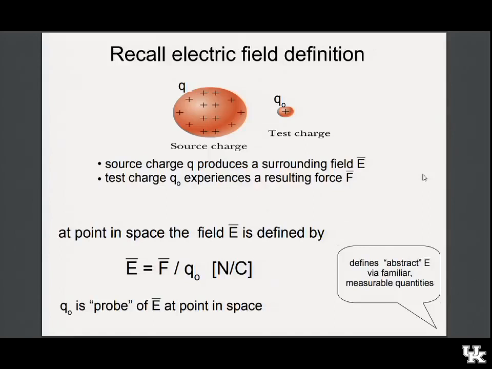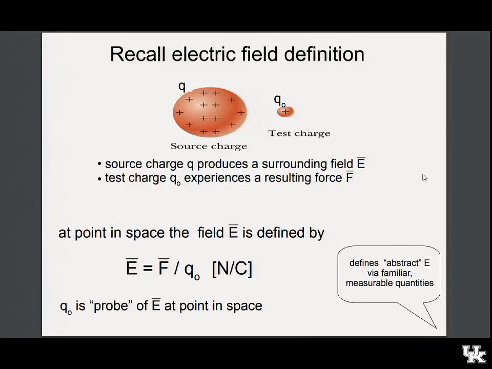So this is a slide we met a few classes ago. It's how I introduced the electrical field. I said, imagine a source of electrical field. It's this source charge over here. Imagine I take a probe of the electrical field. It's this test charge here. And I put it in the field of the source charge.